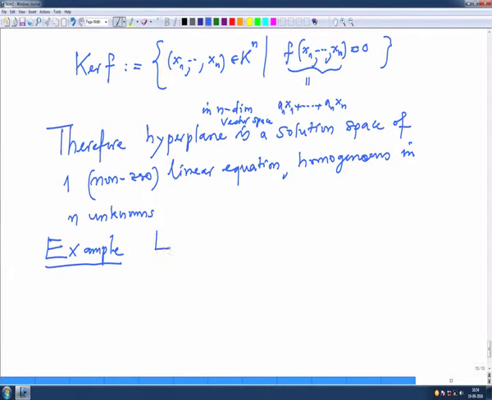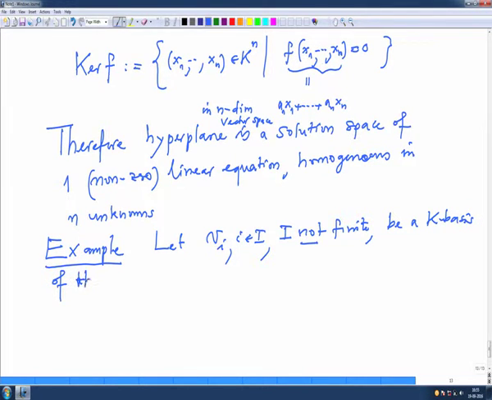So, let v_i, i in I, with I not finite, be a k basis of the k vector space V. Then I want to show you in this case V star is also not finite dimensional and it is bigger in fact. We will see what I mean by that.